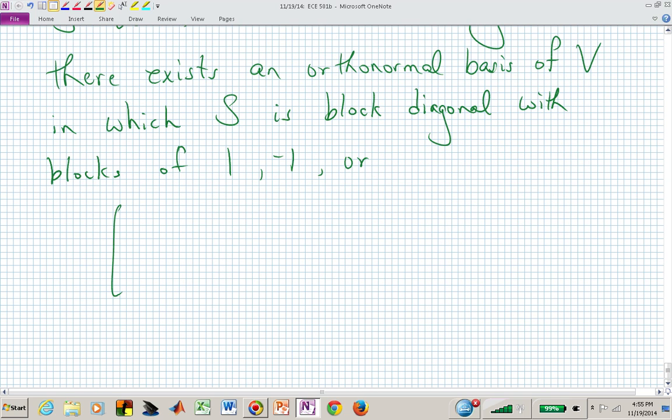or we could have a 2 by 2 subblock that has the structure cosine theta, sine theta in the first column, minus sine theta, cosine theta in the second column, where theta is some angle between 0 and pi. And the reason why I have that as an open left-hand parenthesis is if it was 0, then I really wouldn't have a 2 by 2 block.